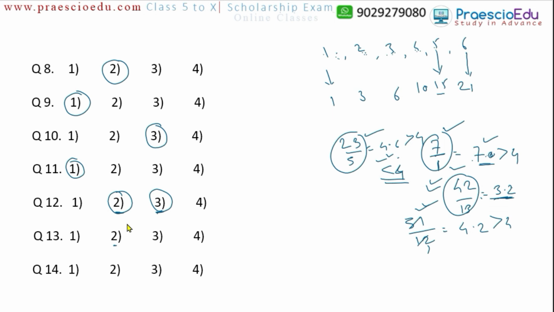And this is 3.2, so it is more than 3. If you compare the other options, 4 by 10 means 4 ones are 4, 4 twos are 8, and then 0.5 means 2.5 comes, and here 3.2 comes.